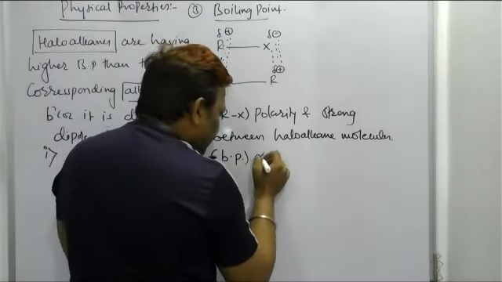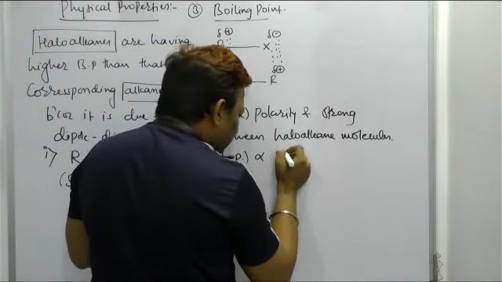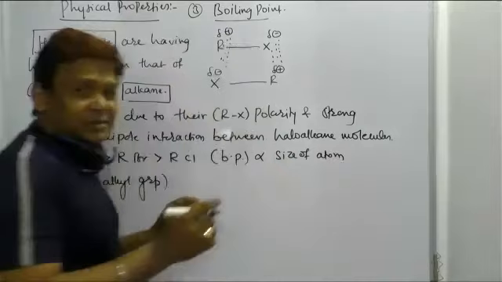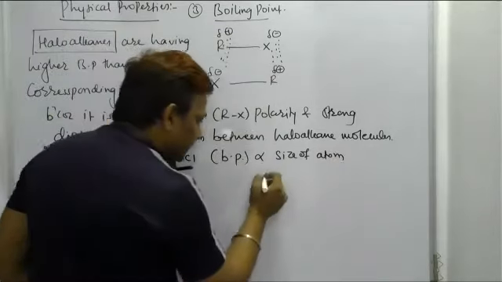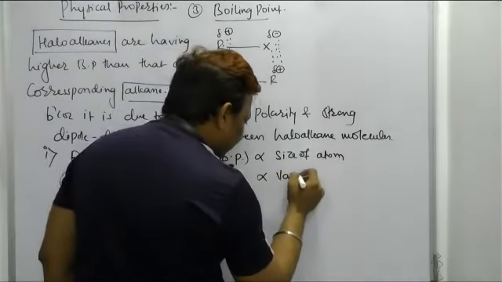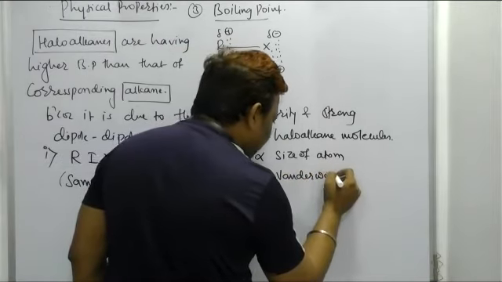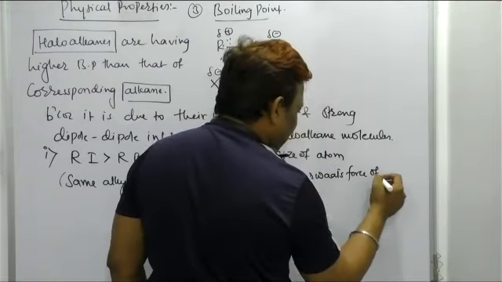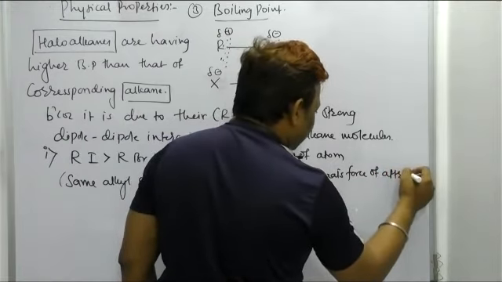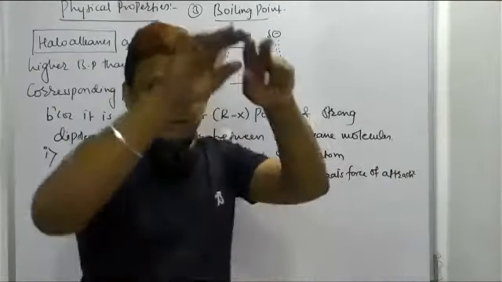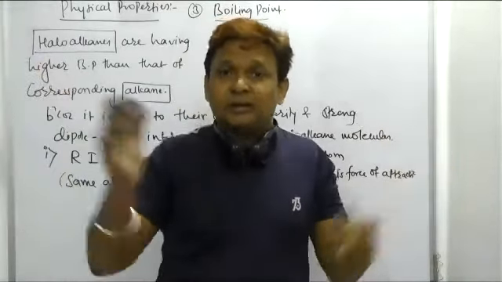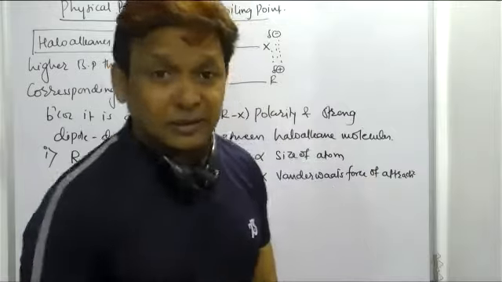Boiling point is directly proportional to the size of the atom, because the larger the size, the larger the van der Waals force of attraction, beta. Greater the size, greater the surface area, more the interaction, greater the boiling point.